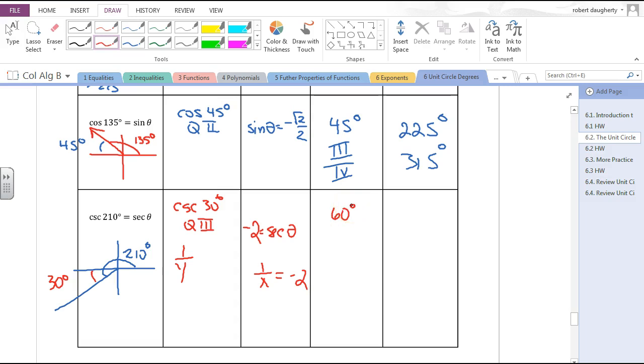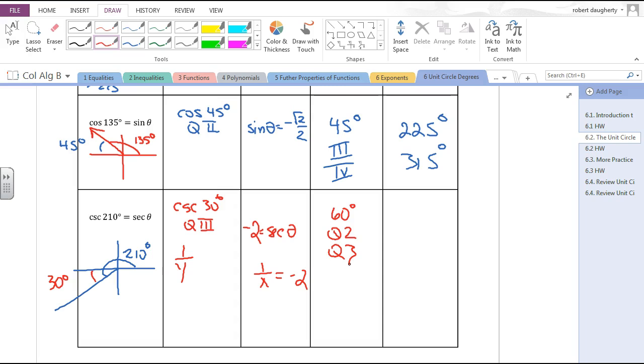But secant, cosine, where are they negative? Quadrant 2 and 3. So this is in quadrant 2 and quadrant 3. So what's the 60 degree angle in quadrant 2 and quadrant 3? Well, quadrant 2, what's the one in quadrant 2?